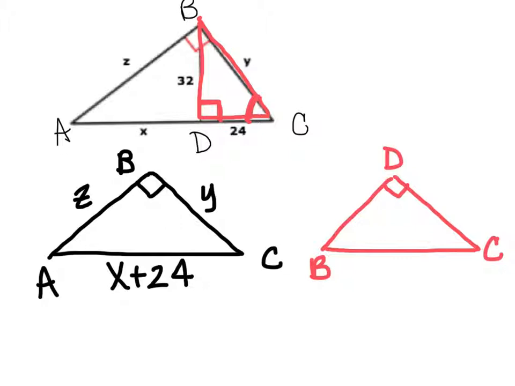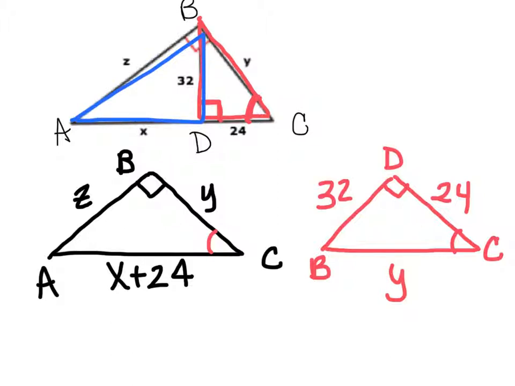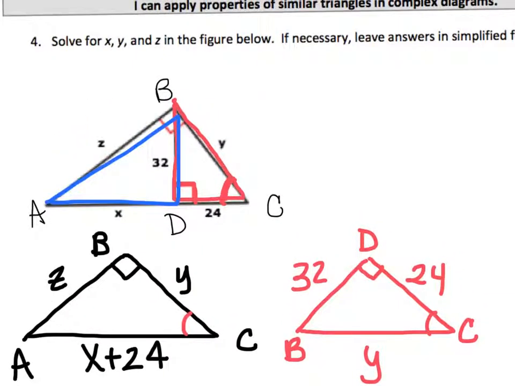And then what we want to do is go ahead and label the side lengths. So BD was 32, BC was Y, and DC was 24. All right. So now the last triangle is the one on the left. So you're always going to draw a big triangle and then the 2 smaller triangles. So I'm going to go ahead and redraw that up above here in blue.